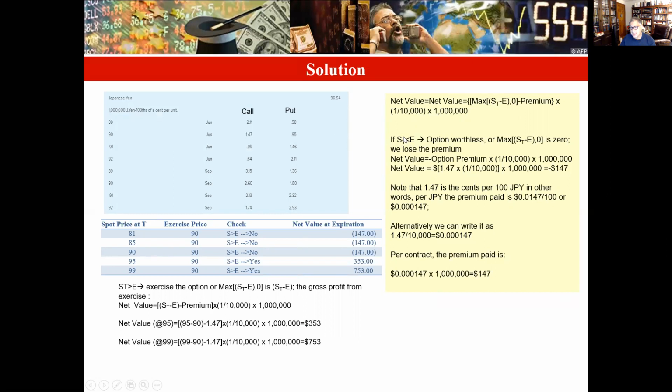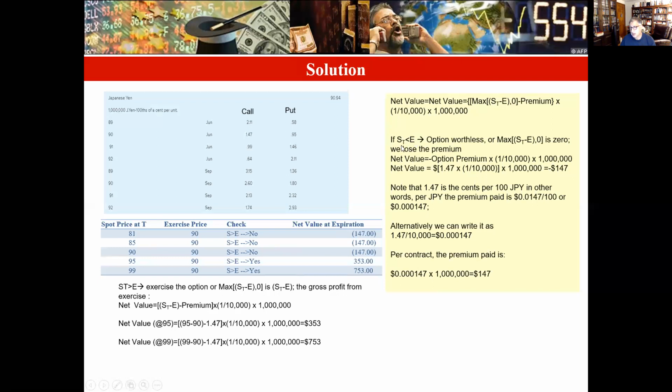If at the expiration, the spot price that transpires is smaller than the exercise price, then the option is worthless because the contract that we have gives us the right to purchase the underlying currency, which is Japanese yen, at the rate of, let's say, 0.090.